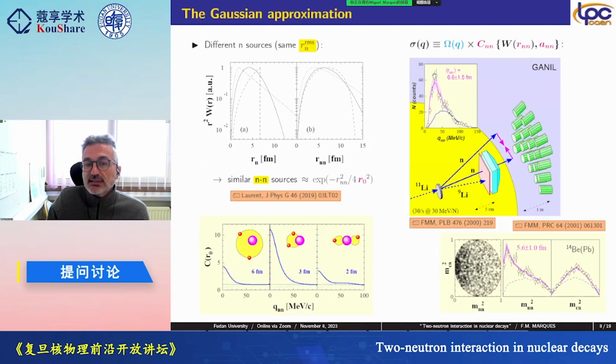Here, this is the same correlation function that I showed for lithium-11, but here you have the numerator, what we measure, and the denominator, the event mixing, and then the ratio is the correlation function that I showed in the other plot. And you can do it here also. This is the relative energy, the Dalitz plot for beryllium-14 phase space, and then you measure this. You can do the ratio.